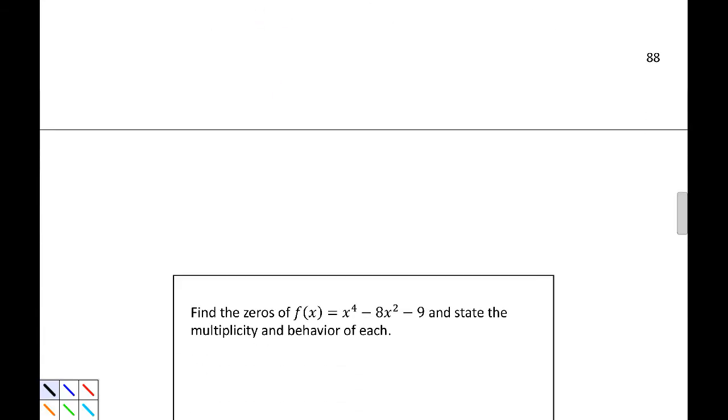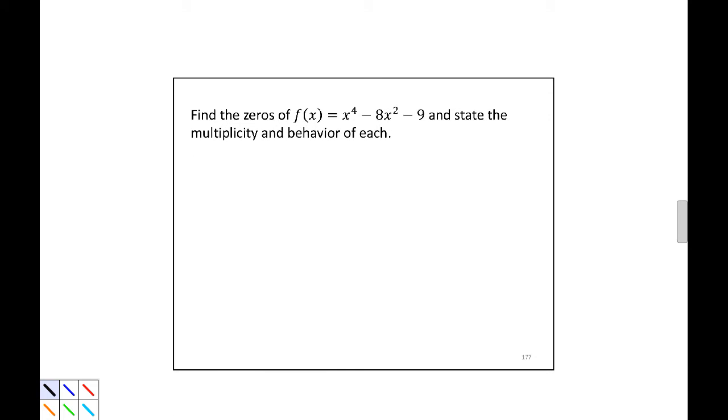Our next example says to find the zeros of f of x equals x to the fourth minus 8x squared minus 9, and state the multiplicity and behavior of each. Well, this is actually a polynomial in quadratic form. So this will factor as x squared and x squared, and then we need two numbers that multiply to be negative 9 but add to be negative 8, which would be a minus 9 and a plus 1.